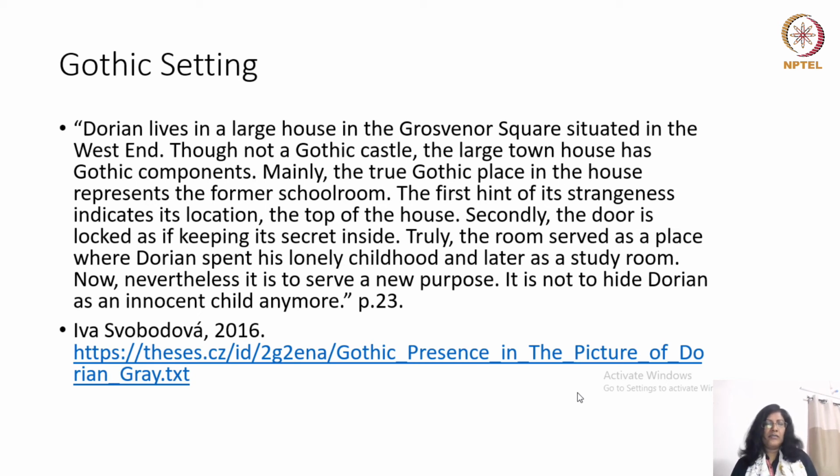Now, in this section, the Gothic attributes of particular spaces are exhibited. Now, Dorian lives in Grosvenor Square in West End. That's not Gothic in itself, but there are spatial pockets in that large townhouse which has Gothic connotations and attributes because of the functions that space served in the past and in the present.